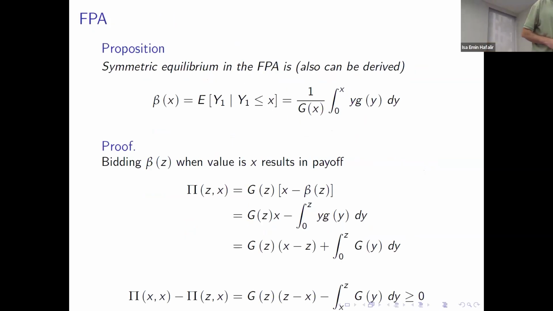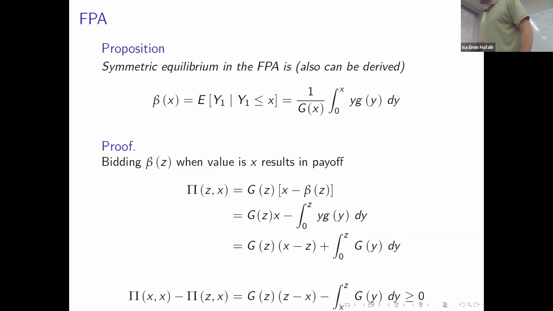So now let's do first the derivation of the first price auction's equilibrium strategy. Don't look there, because basically this formula is given here, and this simple proof is confirming that this is an equilibrium in a first price auction.